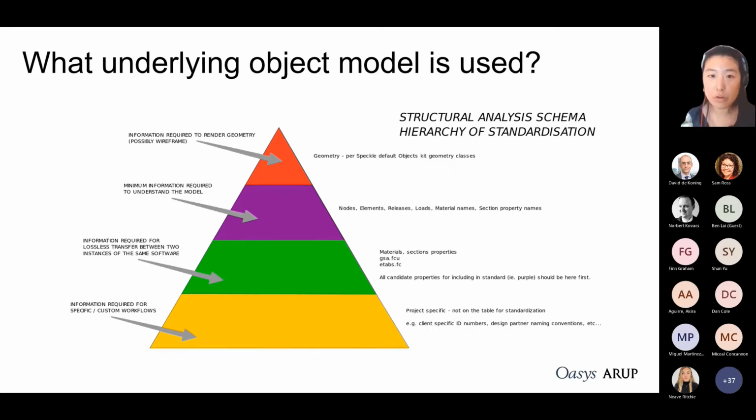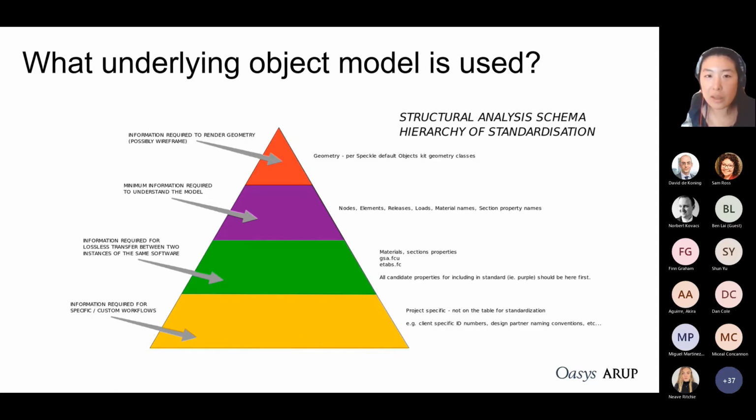If you're interested in learning a bit more about the object representation and the classes that we've used for structural analysis models, go ahead and give Dave and I a message, an email or something like that, or you can visit some of the Speckle forum posts that exist to take a look at the background as well.